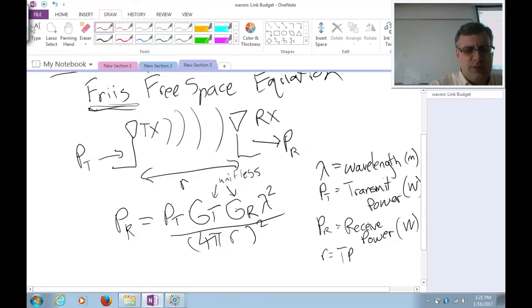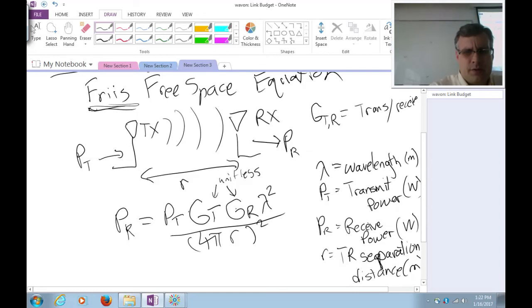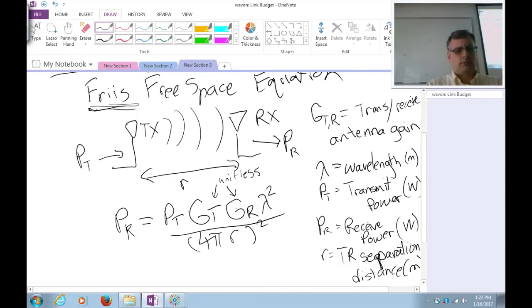R is the transmit-receive separation distance. And then we've got these two transmit and receive antenna gains. And that's it. That's the Friis free space equation.